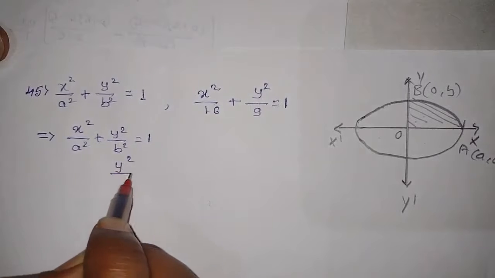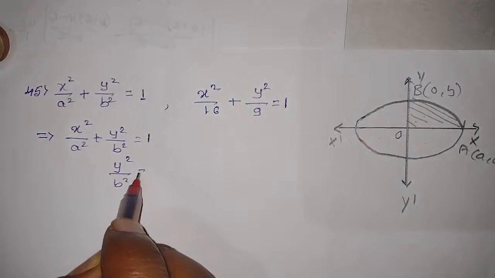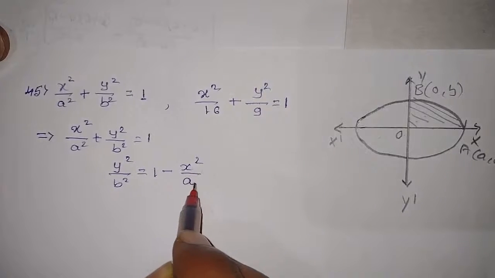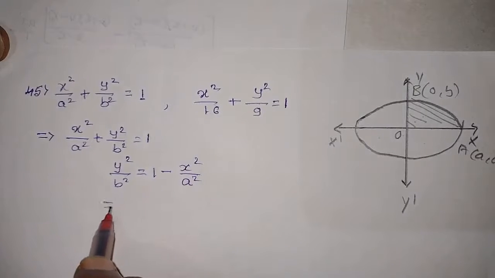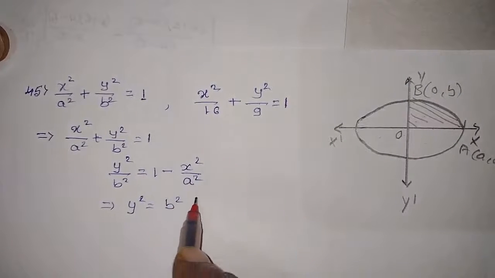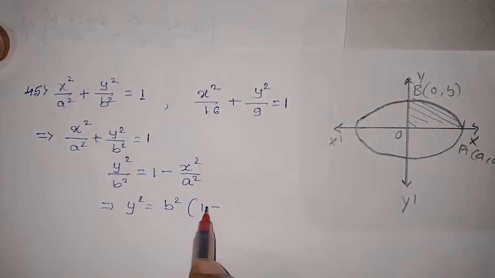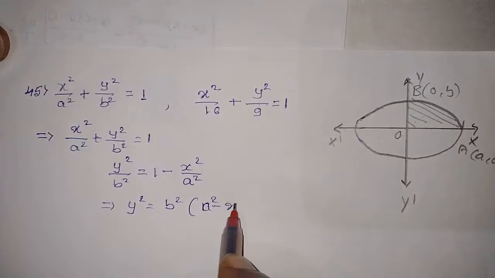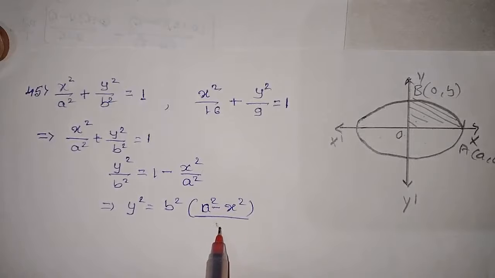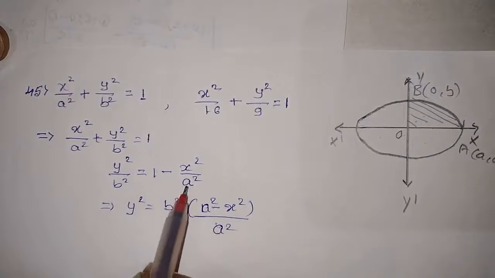So y square by b square is equal to 1 minus x square by a square, which implies y square is equal to b square into (a square minus x square) divided by a square, by taking the LCM.